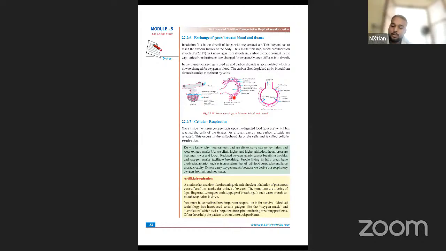Here, this exchange of gases occurs. You can see the air will come in, the oxygen will diffuse into the blood vessels, and the carbon dioxide will diffuse out, and it will go to the exhalation block. Understood, guys?